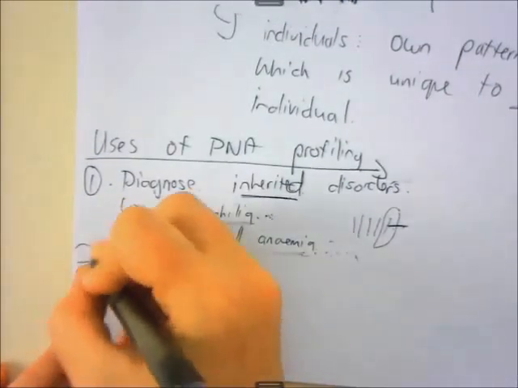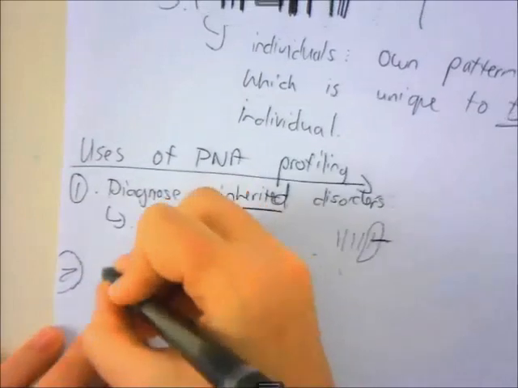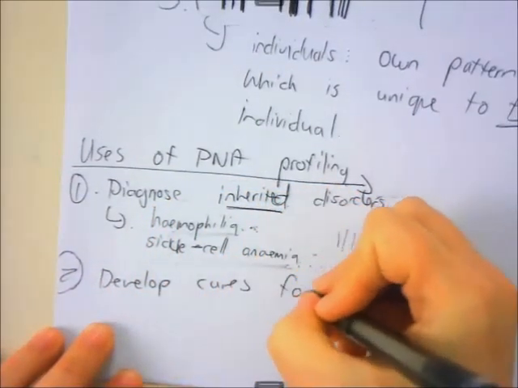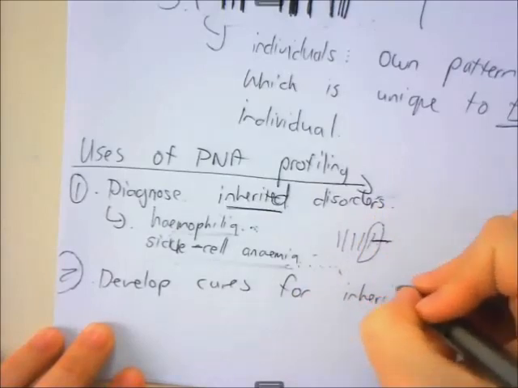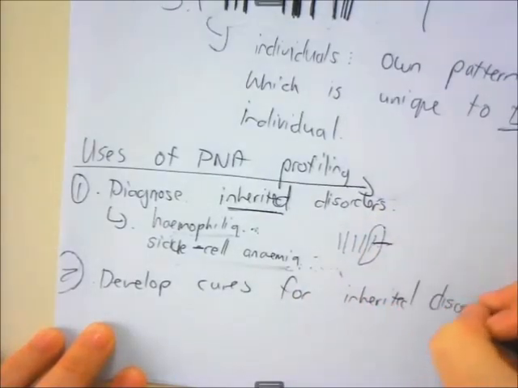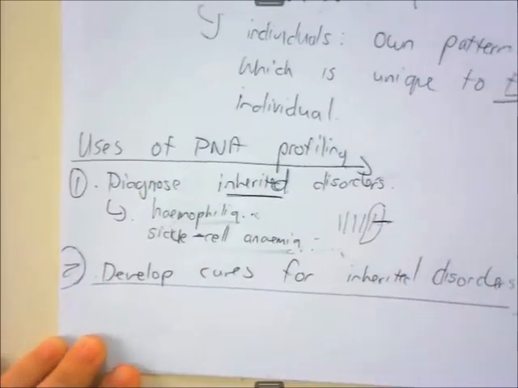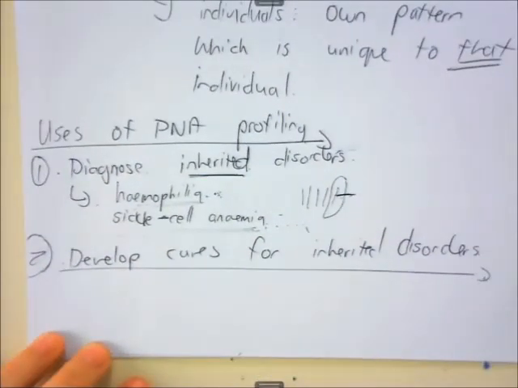The second thing which links to this is that we could possibly develop cures for inherited disorders. That would be something that is also obviously up and coming. Some things have already had a lot of work done so far. It links to things like stem cell research, which we'll speak about in a moment when we do cloning.